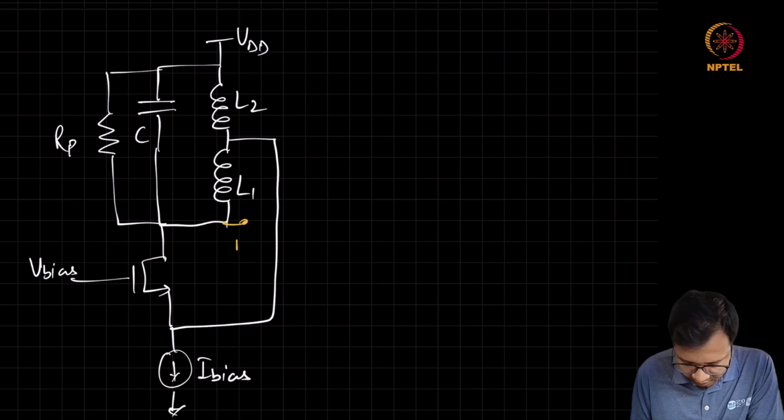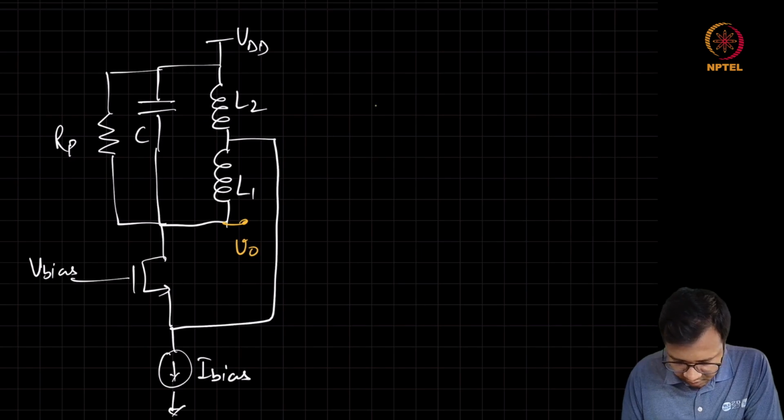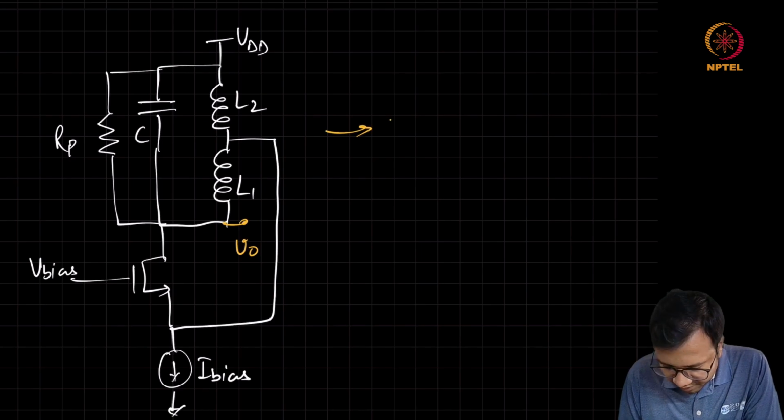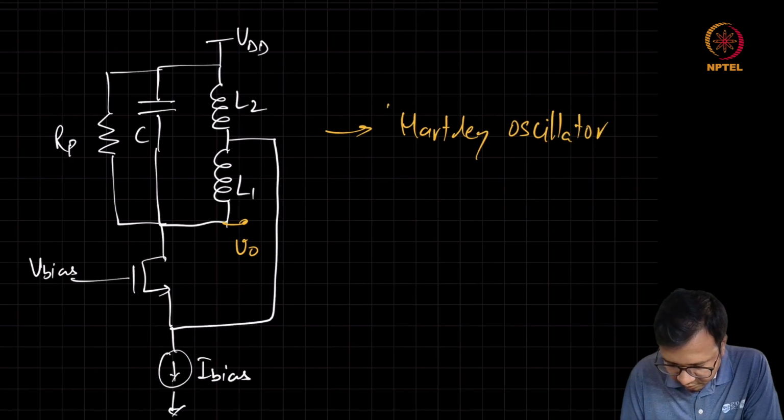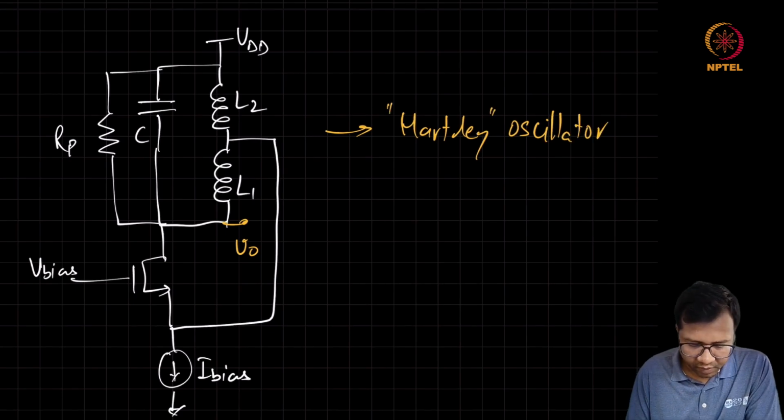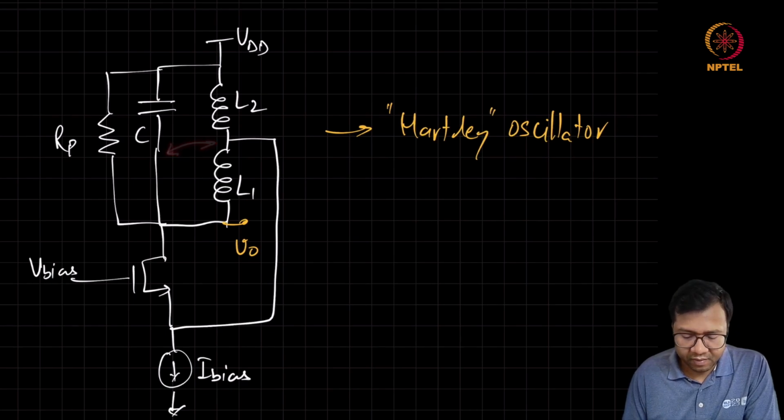You can take the output here. So this configuration is called as Hartley oscillator. This is similar to the Colpitts oscillator, but you can see that the roles of these inductors and capacitors have been exchanged.